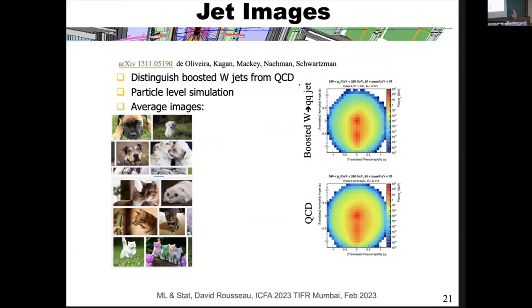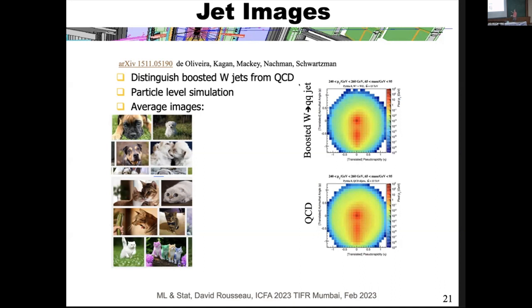Okay. There was also an attempt to go deeper into analyzing jets. So this is called jet images. Here we have a large jet, which is a boosted object, and one tries to see whether the jet is coming from a W, so you have two quarks, or coming from QCD.